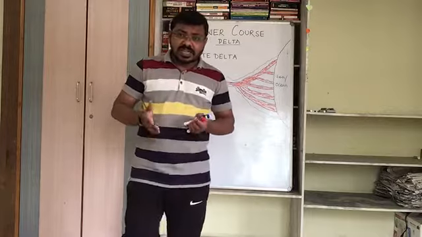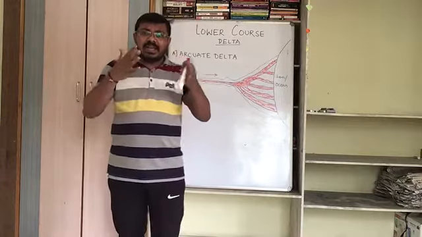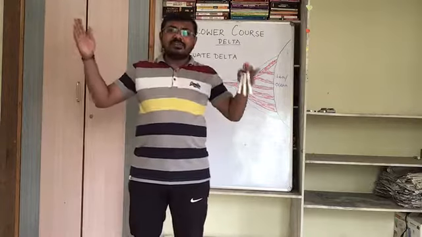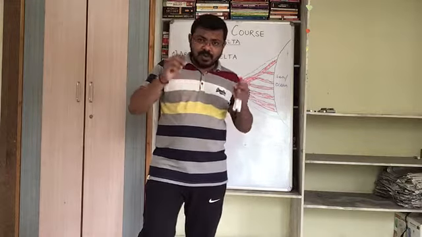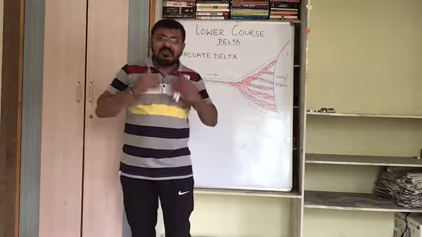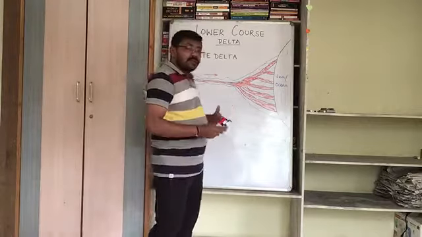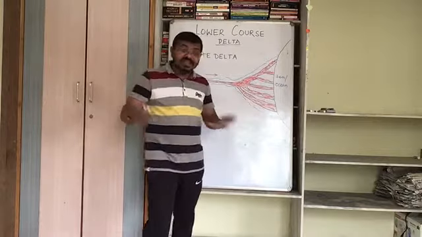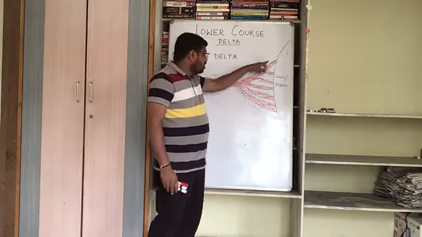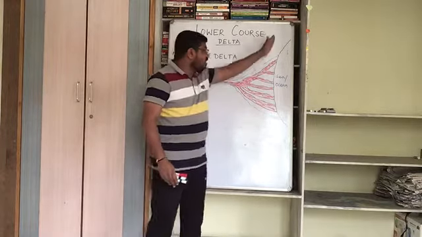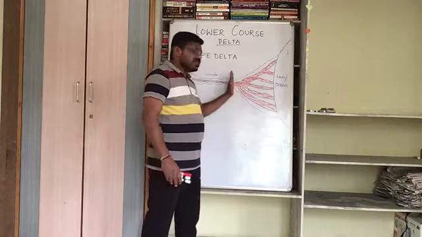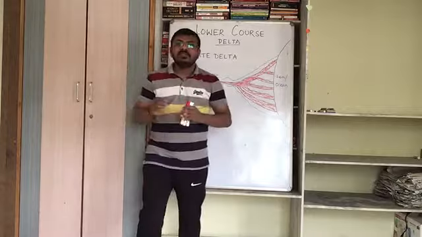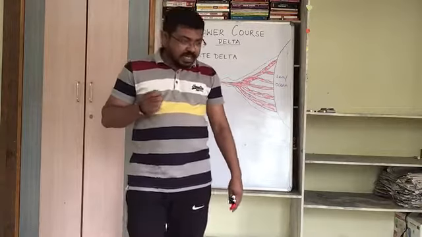Those distributaries carry the water of the main channel, and the water is divided into so many small streams, and all the small streams are flowing into the sea. But there is a lot of sediment deposited, and the shape will look like a fan. Here you can see this is the fan, here is the cone. So if this type of feature is formed anywhere, this is called arcuate delta.